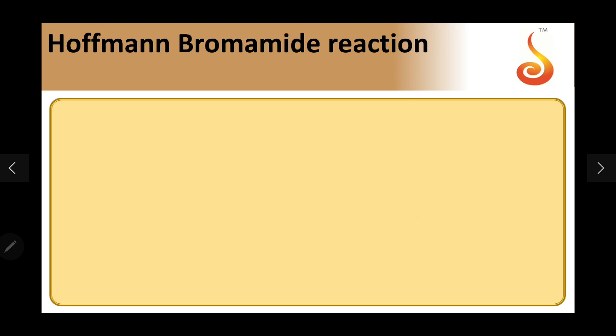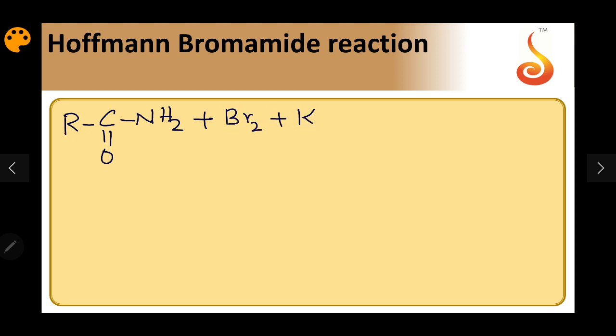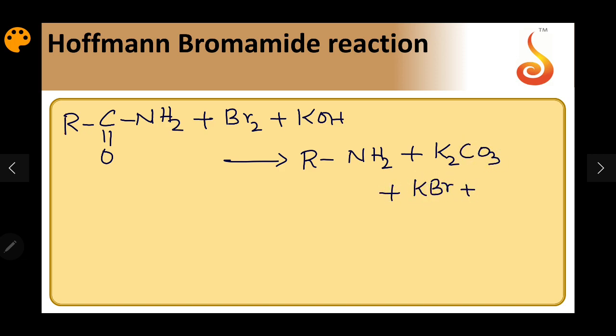Hoffmann bromamide reaction. In this, I have an amide reacting with bromine and a base, KOH or NaOH. The resultant product will be RNH2 followed by K2CO3, KBr and H2O.